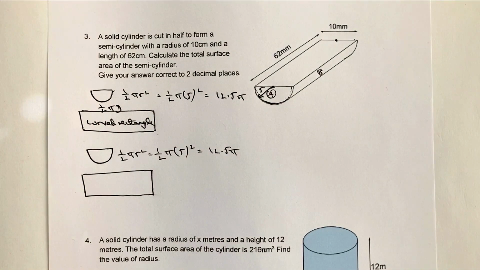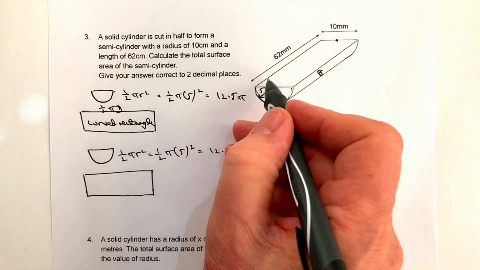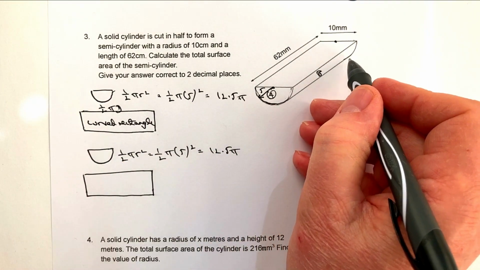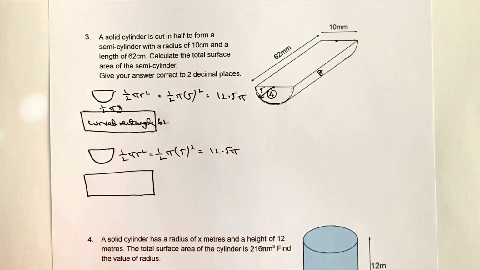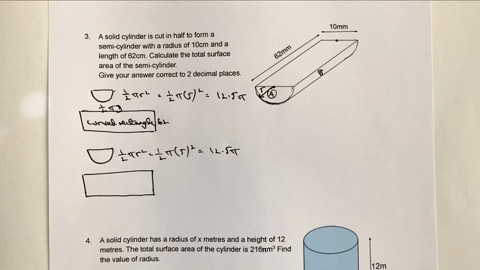Hopefully that's all right for you. So the height, which is this one along here, is going to be 62. So it is a case now of putting those numbers into the formula, and let's see if we can come up with a number for the area of the curved rectangle.